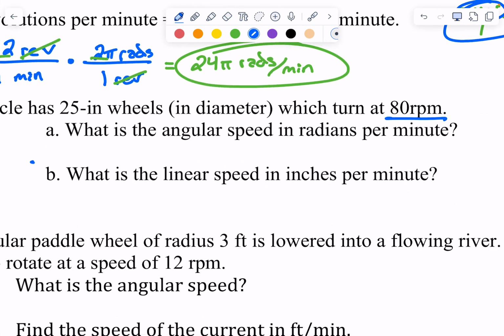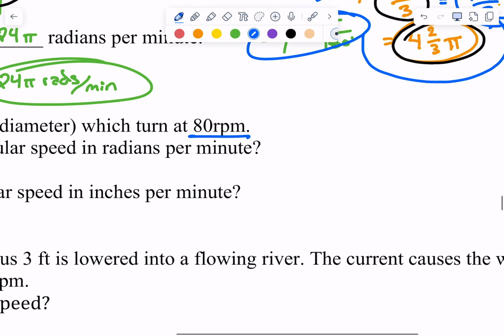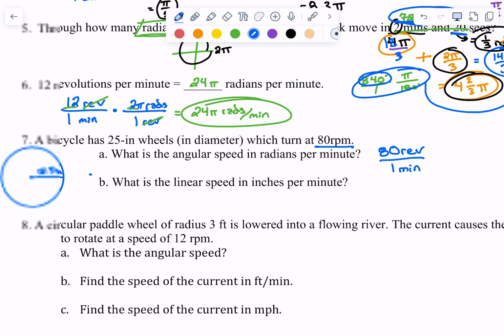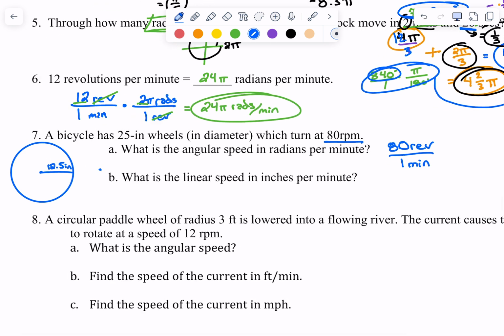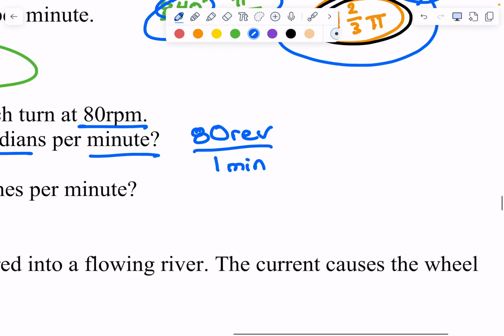What does RPM stand for? Revolutions per minute. 80 rev per 1 minute. That's exactly what we just got done doing, right? If that's going 80 revolutions per minute, how many radians per minute are being covered, because that's what the angular speed is, like what the angle is rotating at.